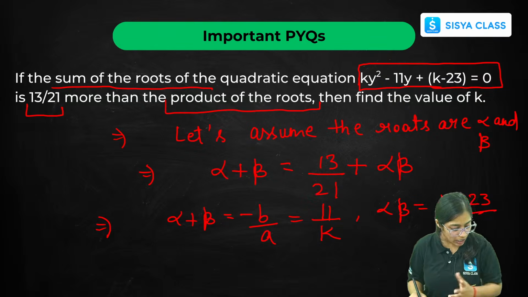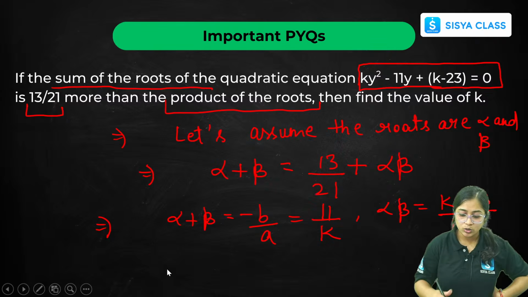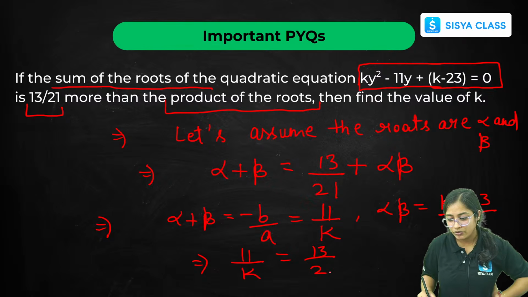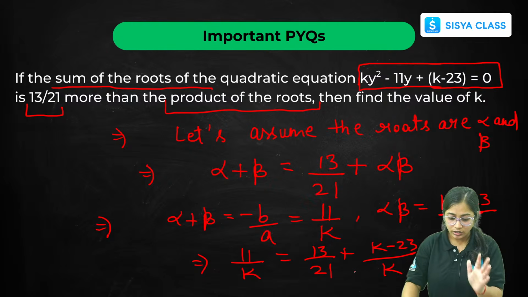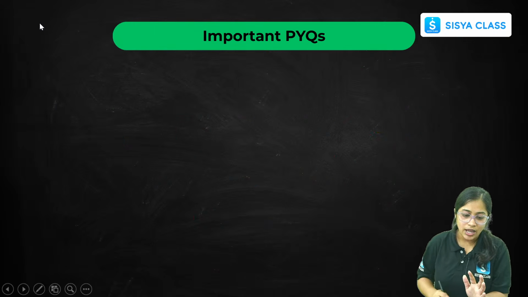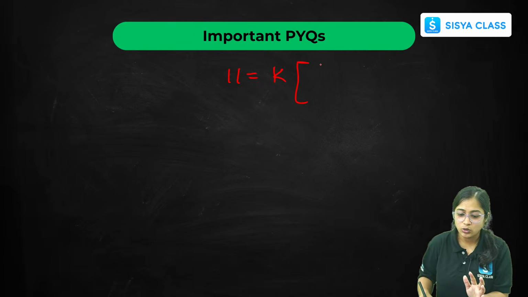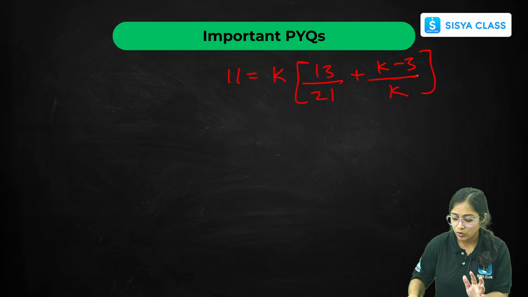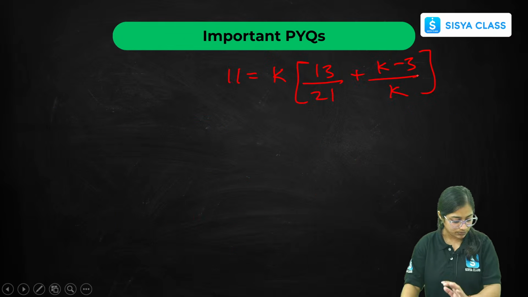Now just simplify it: 11 upon k equal to 13 upon 21 plus k minus 23 upon k, right? So from here, if we multiply by k, it is 11 equal to k, and here you have 13 upon 21 plus k minus 3 upon k. This you will get from this equation.